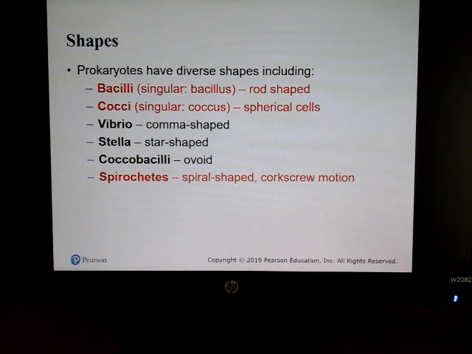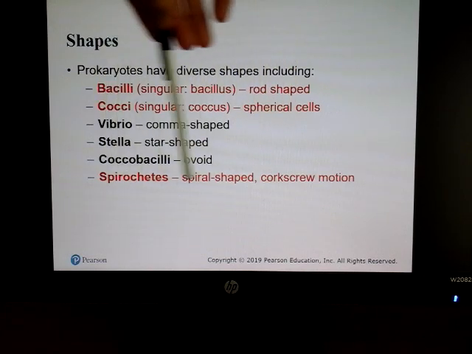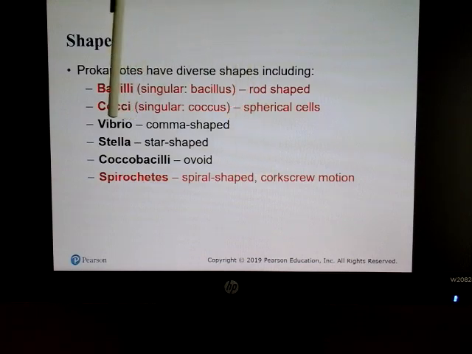Some of the common shapes in bacteria would be bacilli, or rod-shaped, cocci, or spherical, or spirochetes, which are spiral-shaped. Vibrio, Stella, and coccobacilli aren't quite as common, but they are ones we would want to be aware of.